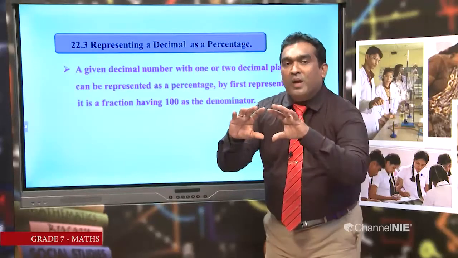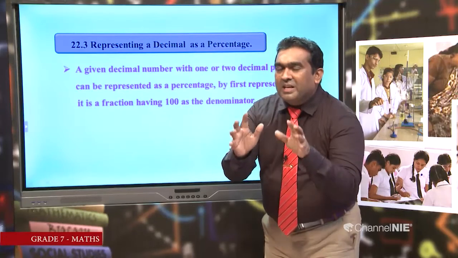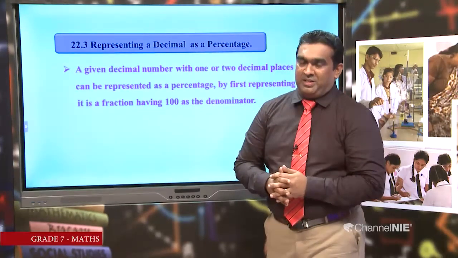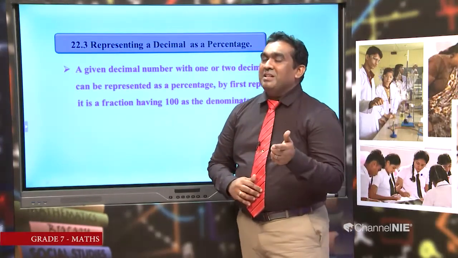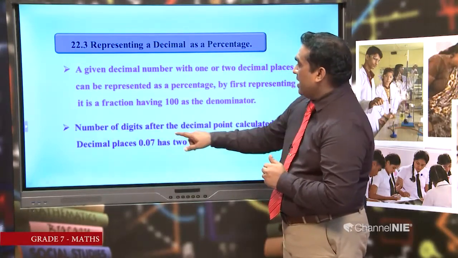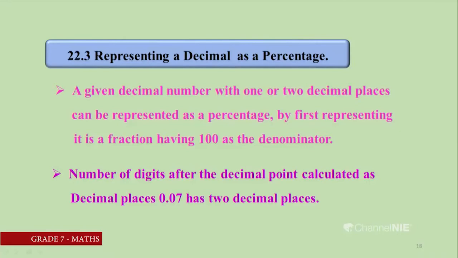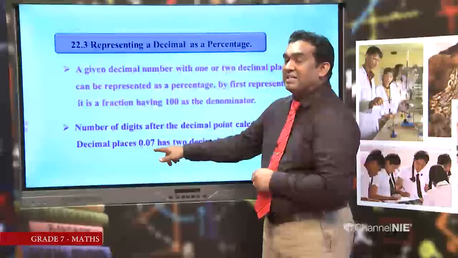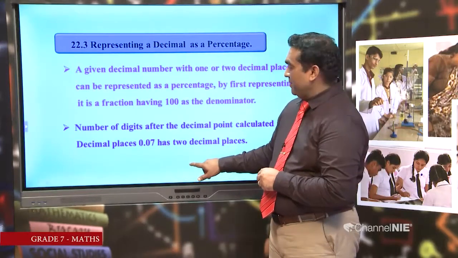It means if you have a decimal, first you have to find out the corresponding fraction. Then you can represent the fraction as a percentage. The number of digits after the decimal point is counted as decimal places. 0.07 has 2 decimal places, because after the decimal point there are 2 digits, therefore this decimal number contains 2 decimal places.